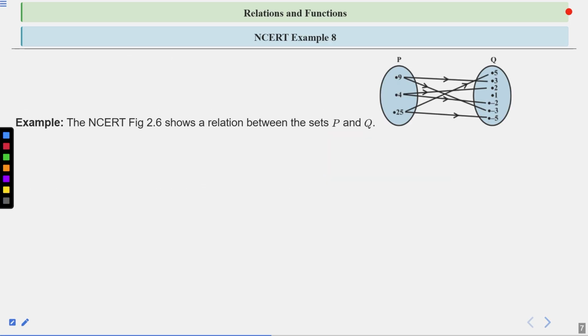Now, another example. You have an arrow diagram from set P to set Q, which exhibits a relationship from P to Q. We are going from where to where? From P to Q. Simple.